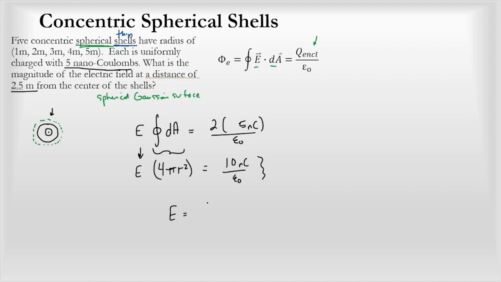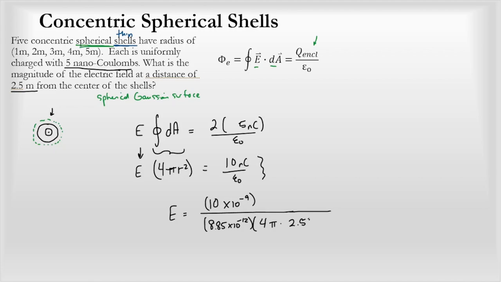So when I get this going, I'm going to have 10 times 10 to the negative 9th. Nano is 10 to the negative 9th. I'm going to divide by epsilon naught. Epsilon naught is 8.85 times 10 to the negative 12th with some units that I'm not going to get into. We're going to have a 4 pi, and we're going to have an r squared down there too.